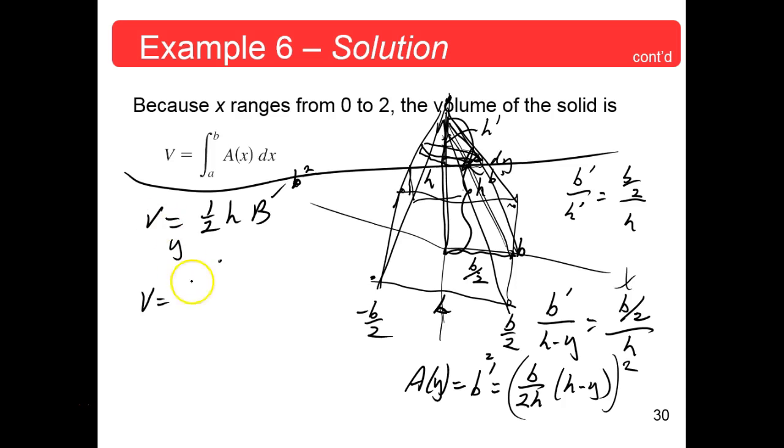It's the integral from 0 to h along y. Don't have a dy here, that's the thickness of it. And then the base of any one of those segments there is this thing. So that's going to be the little b over 2.